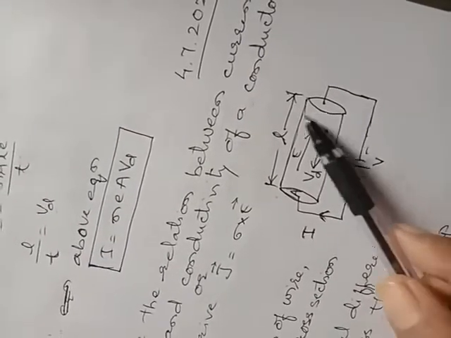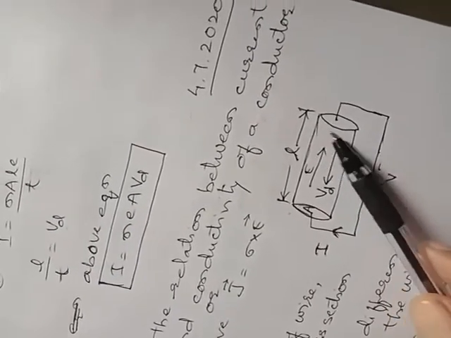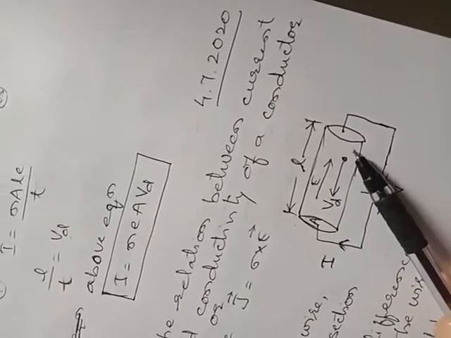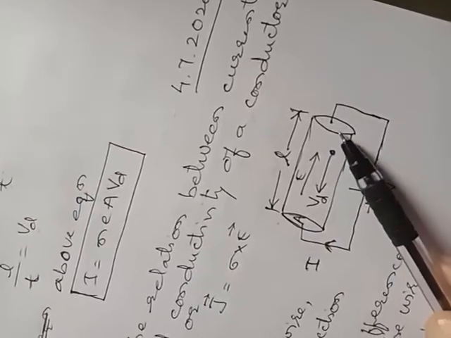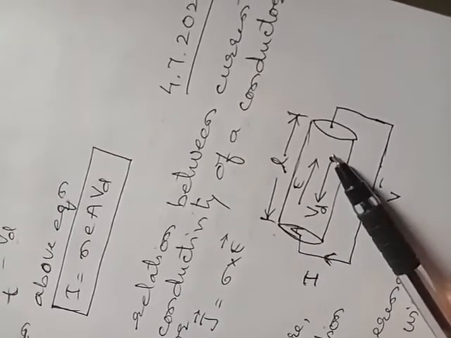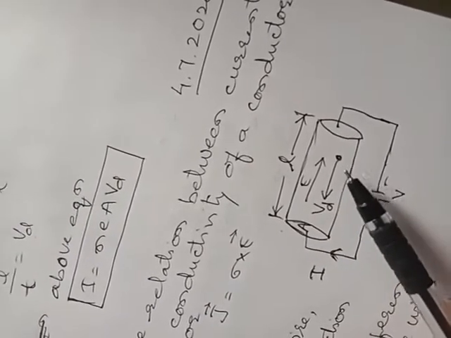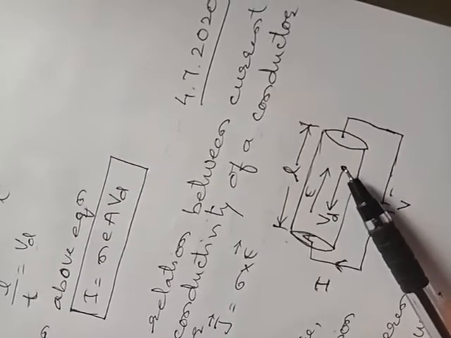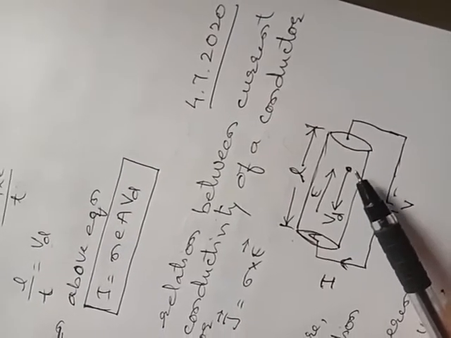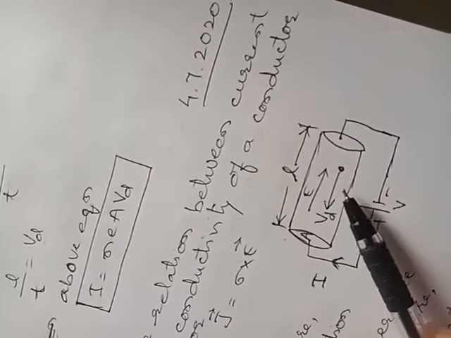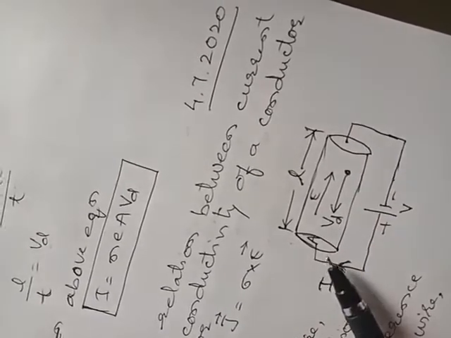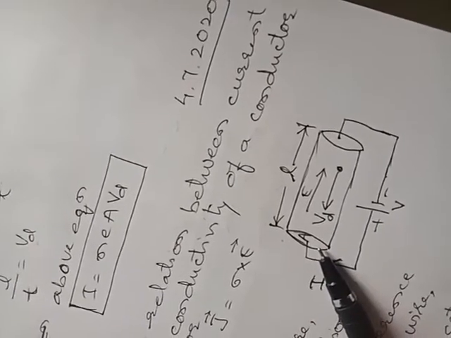But the electrons present at the negative end will be repelled by the negative terminal. Already we know that negative repels negative. So when there is repulsion, the electrons will drift with a small velocity, that is 10 to the power of minus 4 meter per second, towards the positive terminal.